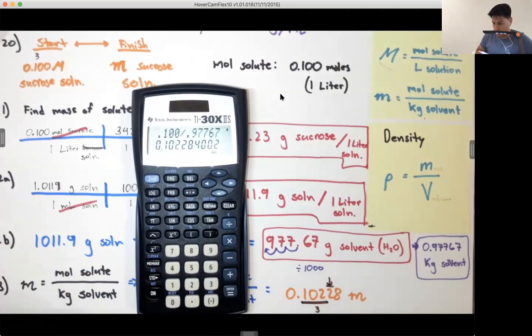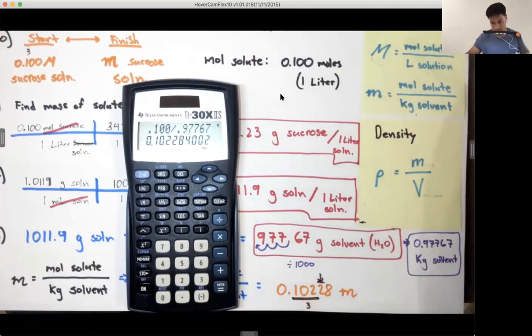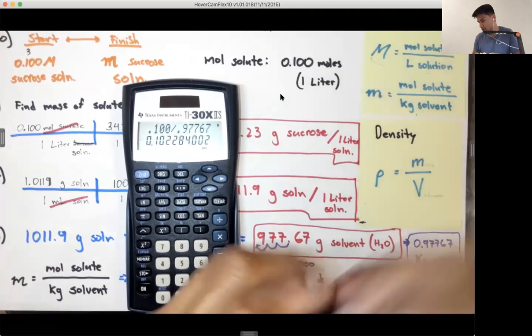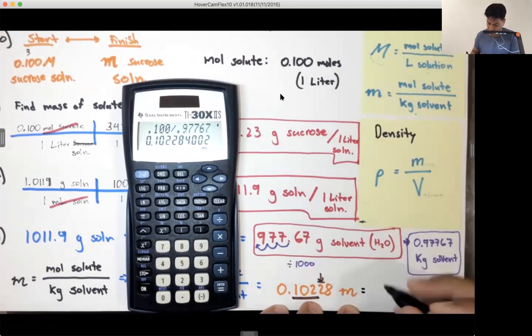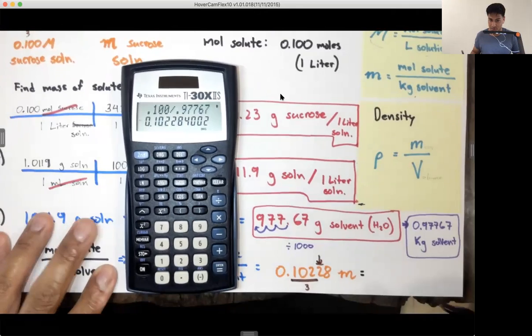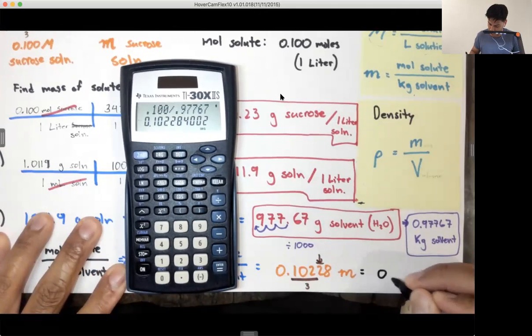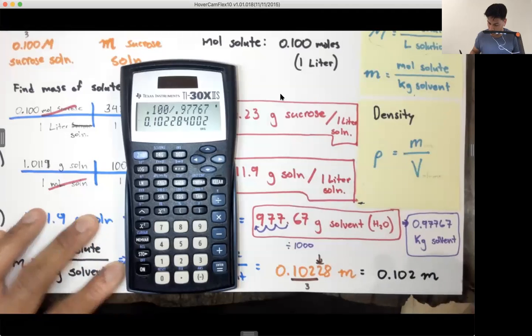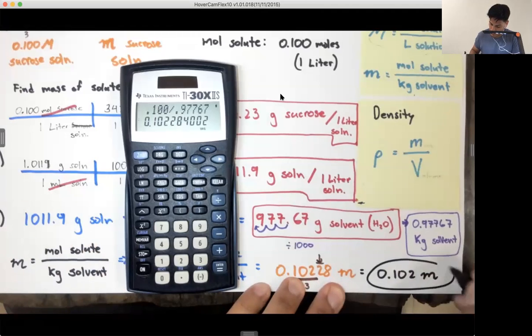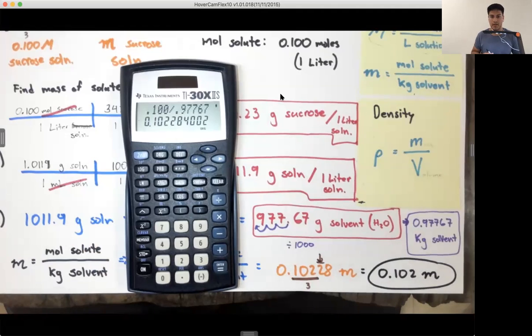So what's my final answer? 0.102 molal. That's how we say it, molal. Final answer. Okay? And that's it. All of that just for that little number.